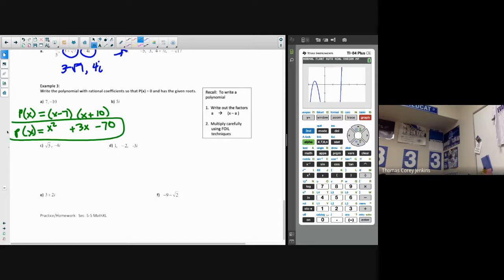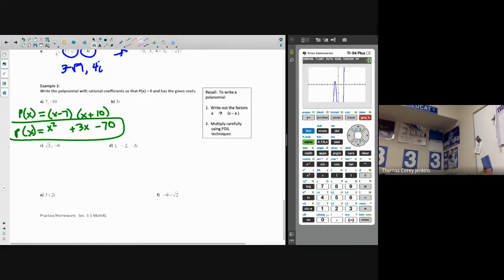Okay, so can we check our work? We can, we could just plug it in. Let me fix my window so that all that fits. My one root is negative 10, so let me make that negative 11 to 10. It doesn't really matter on the y's, so we'll just look at the x's.